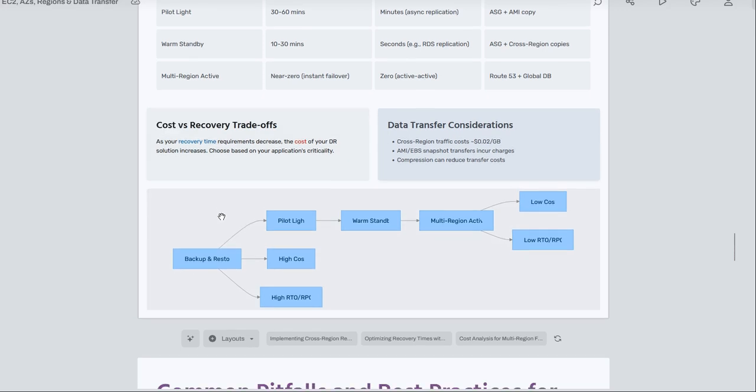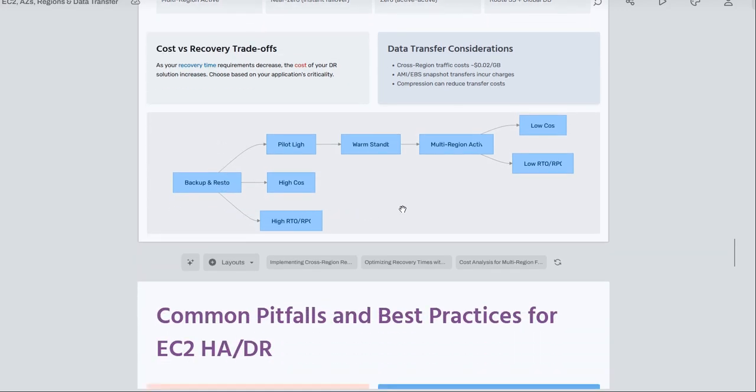So at the bottom, you have backup and restore, and these are the options. Pilot light, high cost, high RTO and RPO.